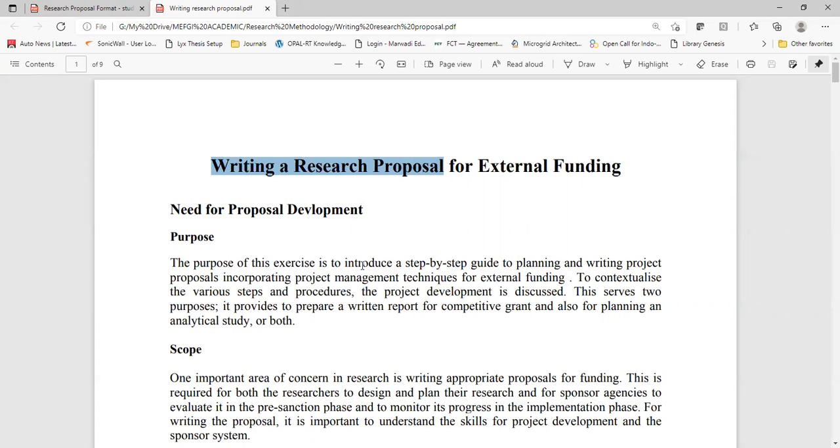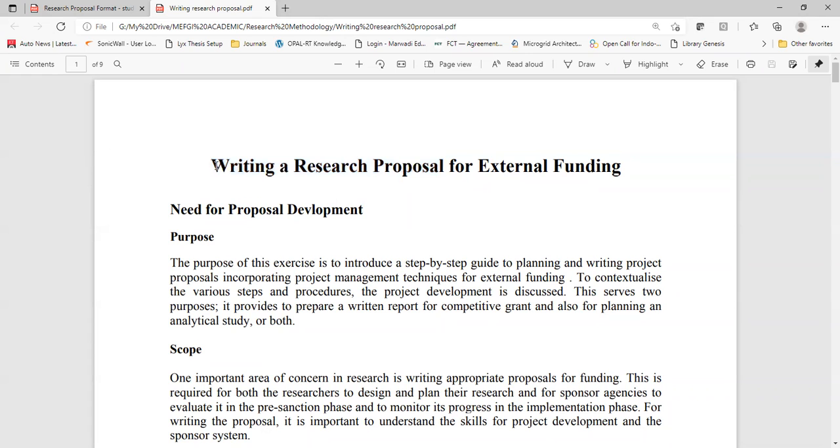Whenever you apply for any proposal, there are a few attributes about which you should be aware. So I will talk about some of the important points related to research proposals.